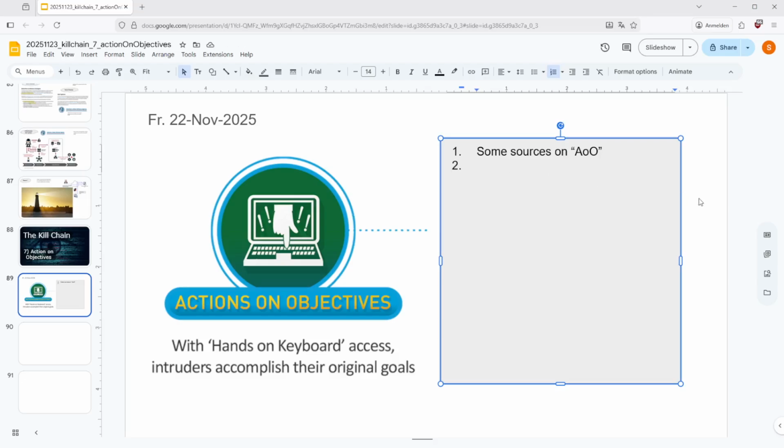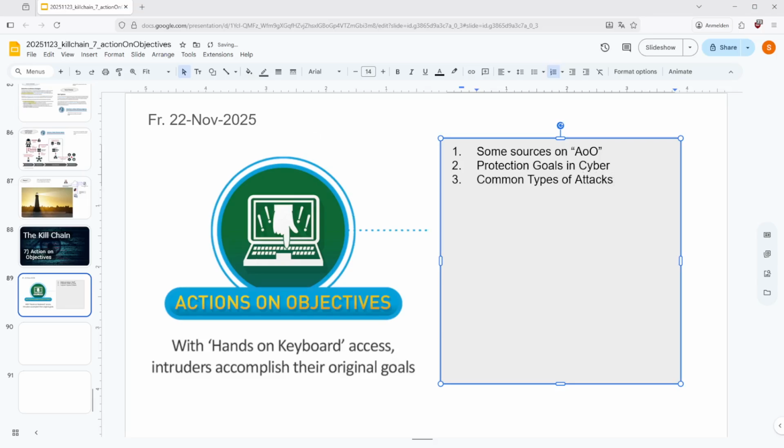Then we take a look at protection goals in cyber, because those are related to what the hacker tries to do. Then I found the types of cyber attacks, or let's say common types of attacks.